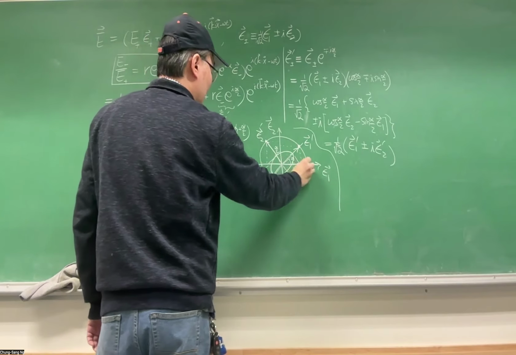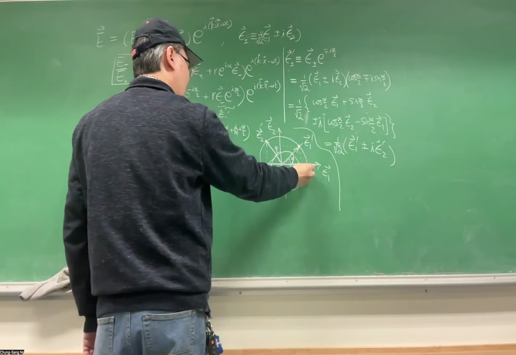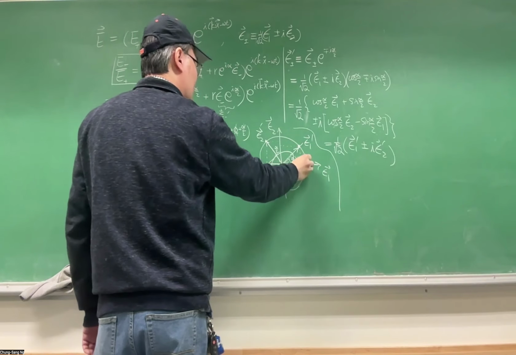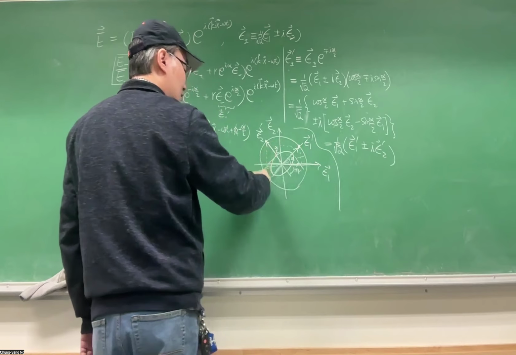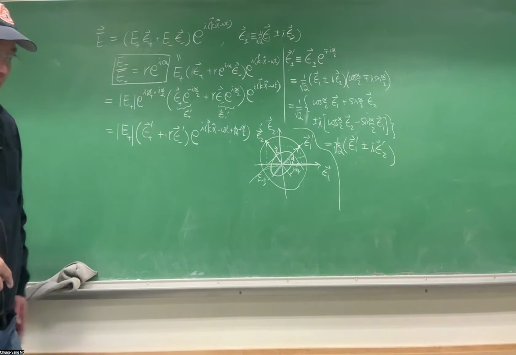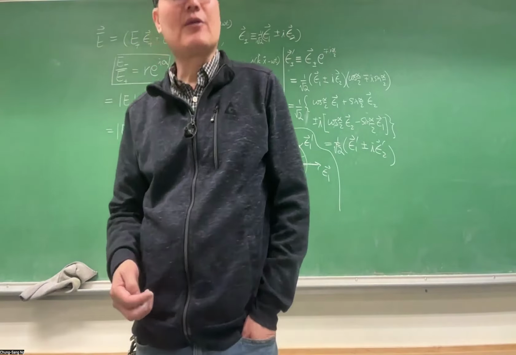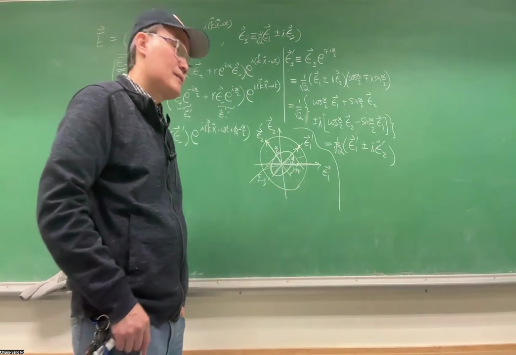If it's originally along epsilon 1, then as it propagates, this principal axis keeps changing, and the angle just keeps moving.